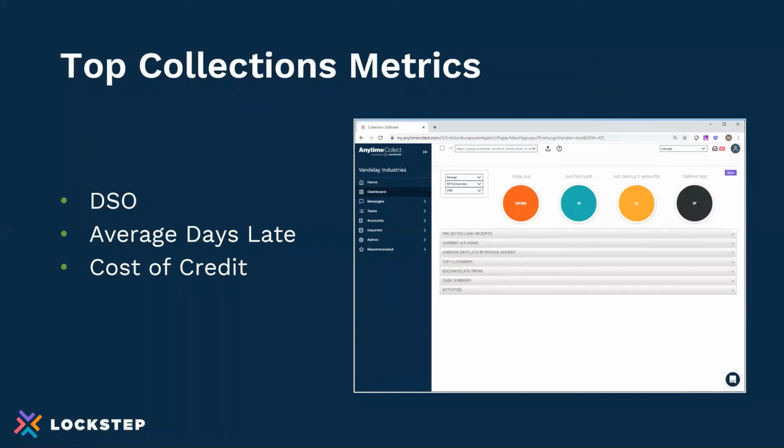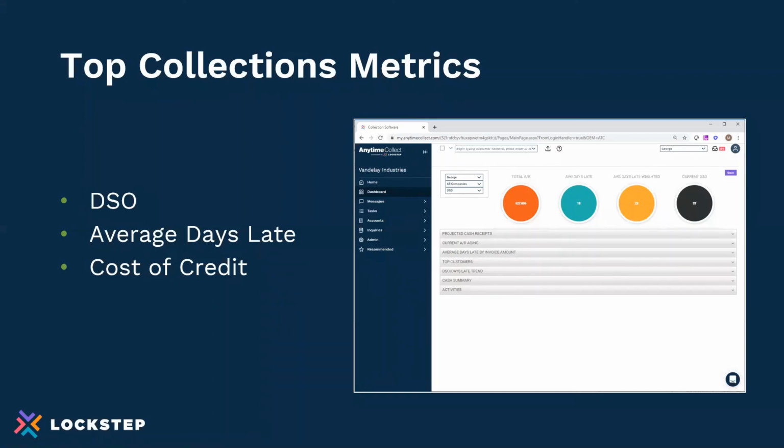So those are the top collection metrics that we wanted to cover today. And if we summarize our discussion, the value of any metric is how it improves a decision that has economic consequences. As we said, AR is a process with lots of economic consequences, and we shared some of those with you.